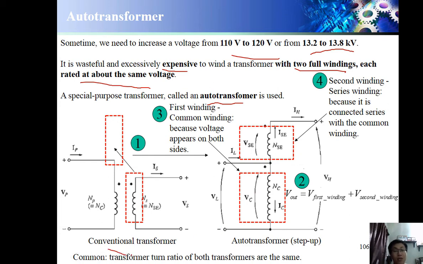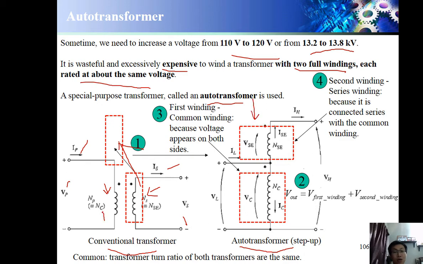So have a look at the conventional transformer and the auto transformer. This one is a step up. Conventional, we have VP, IP, VS, IS, and then one winding, second winding. Now, if we put it into the auto transformer, we move this winding to the top, so it becomes like this.